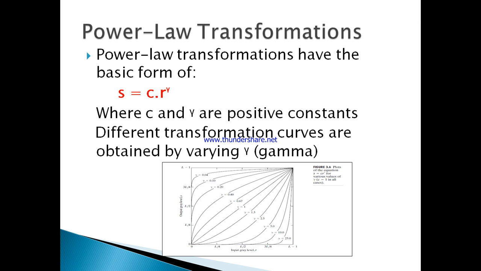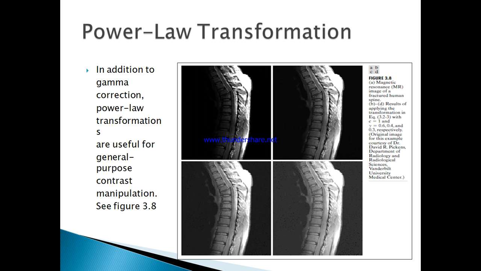In power law transformation, the value will vary according to the different values of C and gamma, which are positive constants. It will be mapped according to the C and R value. For example, in addition to gamma correction we are also applying power law transformation.